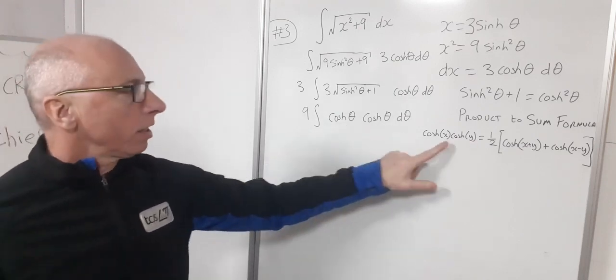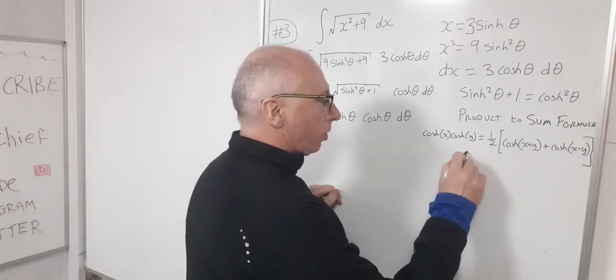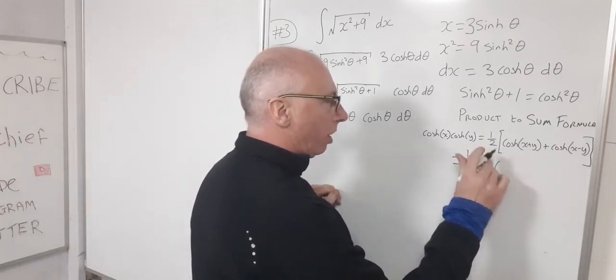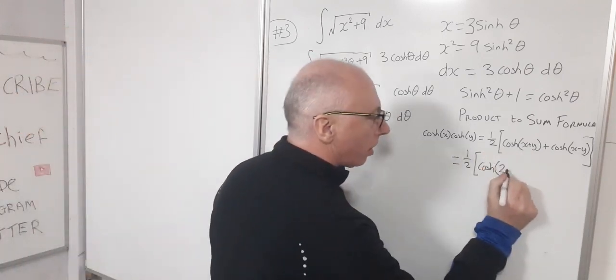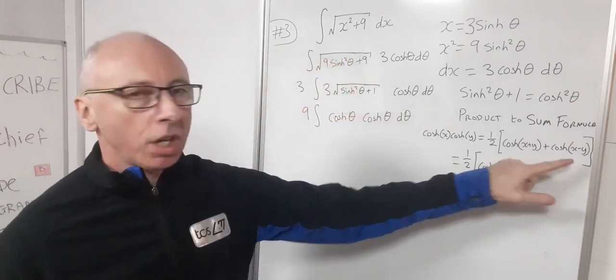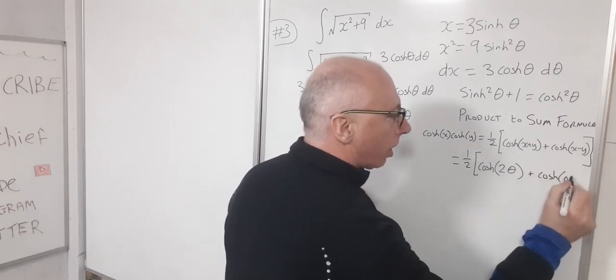So here we've got two cosh functions. They're both theta, so I can plug in theta for this one. So therefore I've got equals 1/2 of cosh of, well, x and y, they're both theta. So I've got theta plus theta, which is 2 theta. And then here I've got plus cosh of theta minus theta. So now I've got cosh of 0.